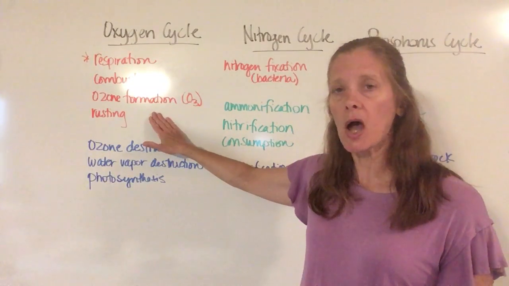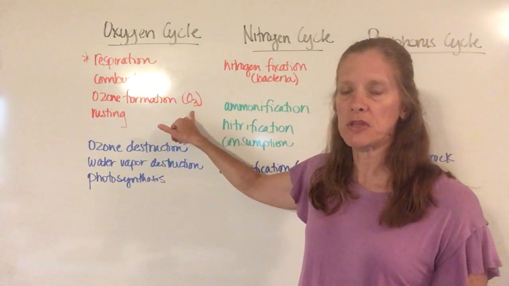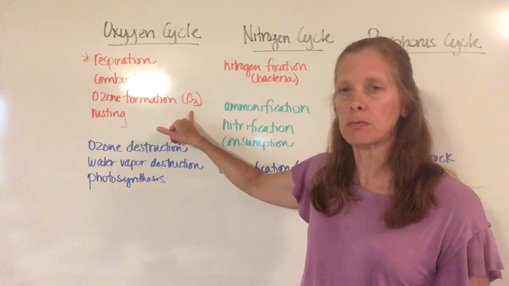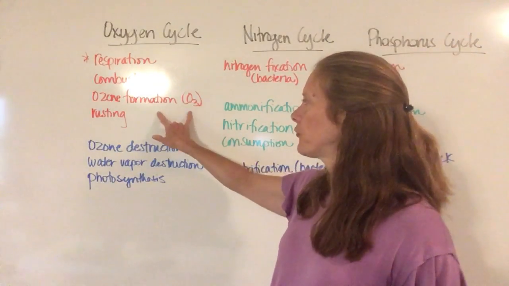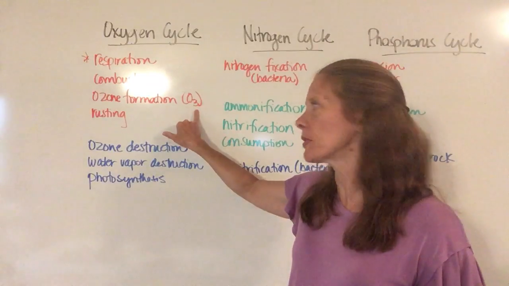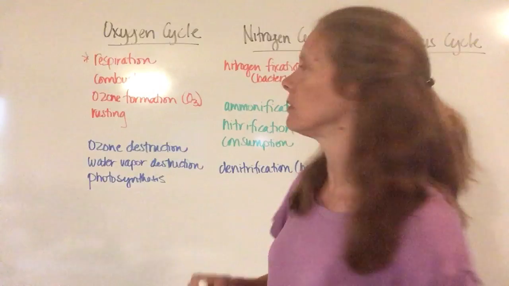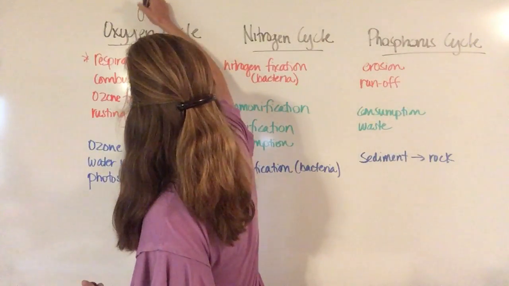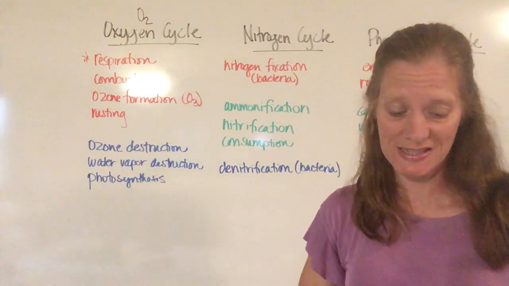Ozone formation: when we talked about the greenhouse effect, we said that ozone is one of the greenhouse gases that helps reflect some of that energy from the sun back to the earth. The formula for ozone is O3, and the oxygen that exists in the air is O2, where I always have two oxygen atoms hooked together.